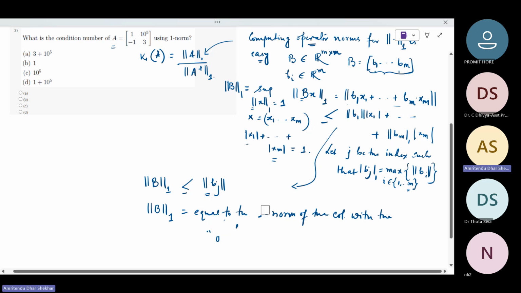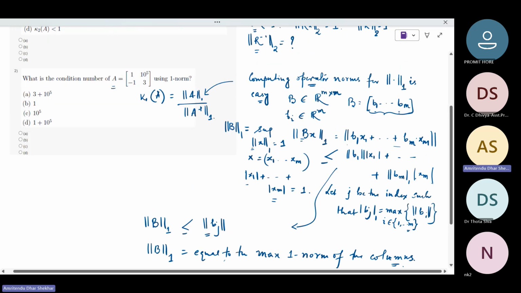Or let me write it in a precise way: it is equal to the max one norm of the columns. So you now know exactly, if you're given any m cross n matrix, how to compute the matrix norm for L1.